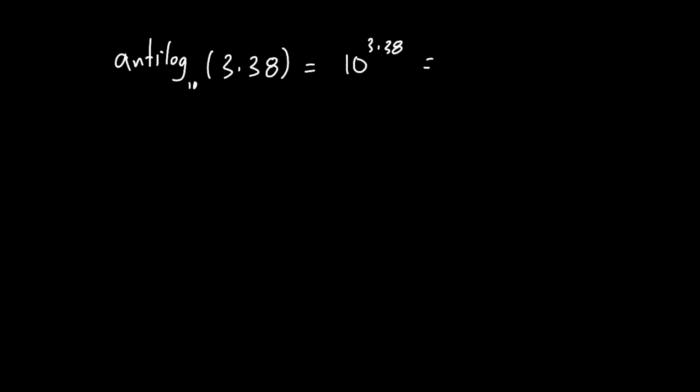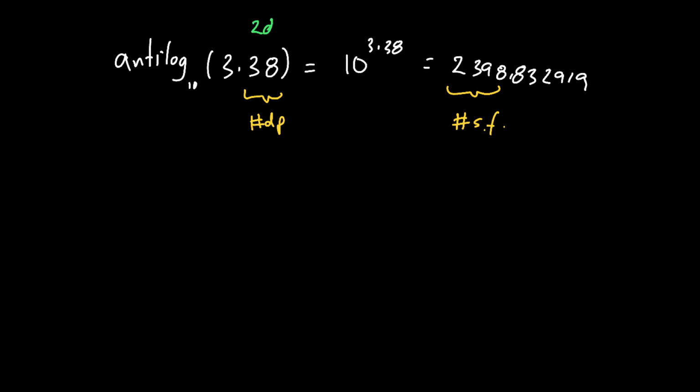The rules basically say the number of decimal places here translates into the number of significant figures on the other side. This number on my calculator comes out to be something crazy like 2398.832919 or something nuts like that. So what do we need to have here? We have 2 decimal places, so 2 significant figures, so really we can stop right there.